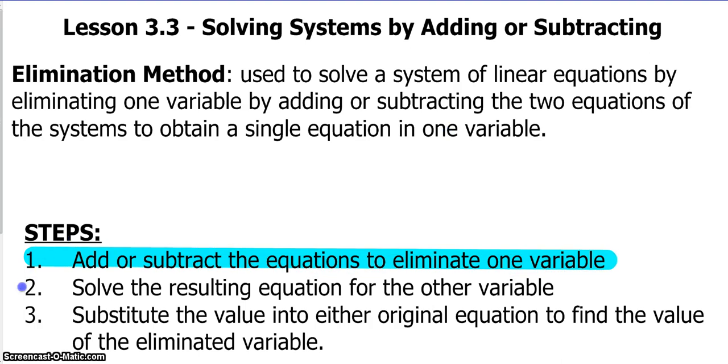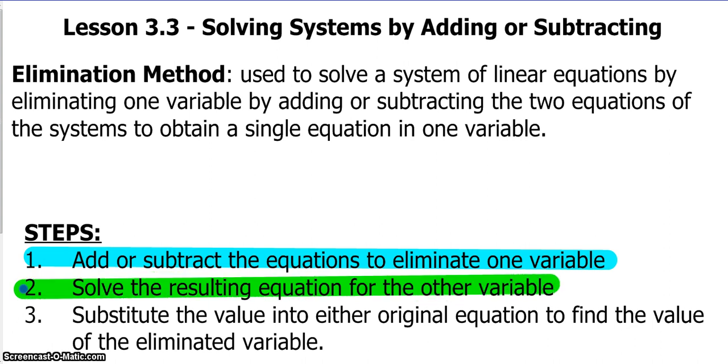The second step is to solve that resulting equation for the other variable. That means solve for that variable, get some kind of a numerical value for the remaining variable. Step 3, we substitute that value into an original equation, just as we did with the substitution method, to solve the system.